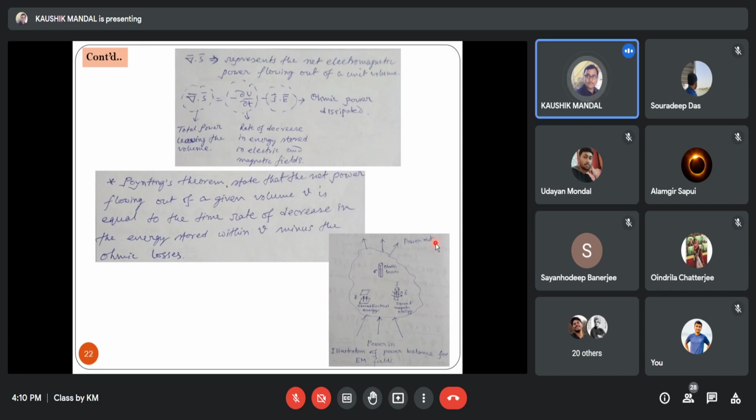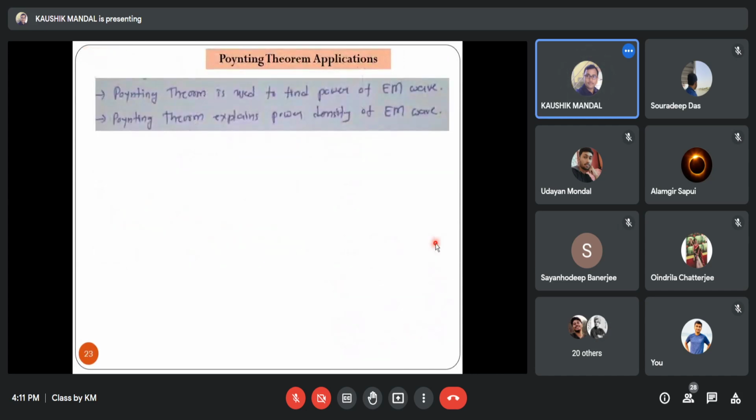Now, along with the Poynting theorem, we have to discuss some applications related to it. Using the Poynting theorem, we can find out the power of the electromagnetic wave, because S, that is E cross H, represents the net output power flow.